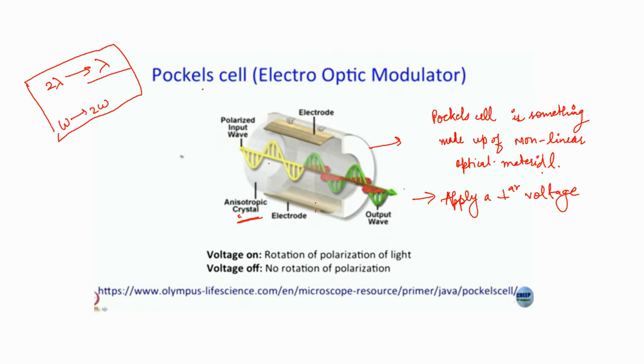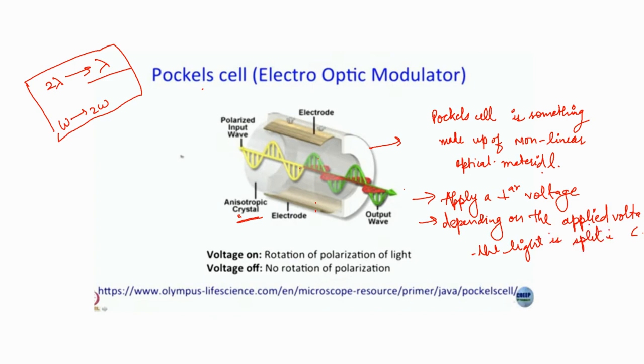What happens if it is polarized light? The light is split into two components depending on the applied voltage.